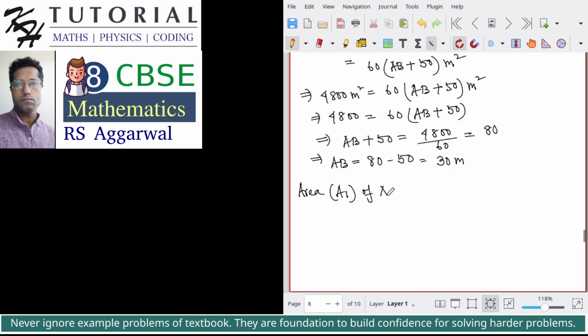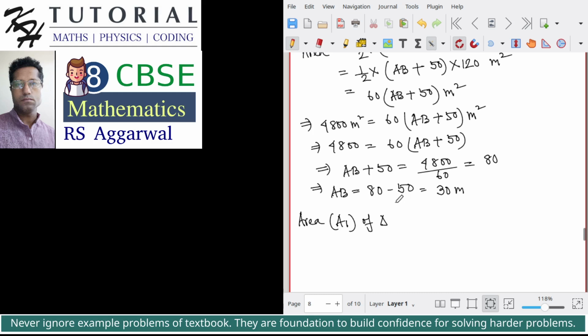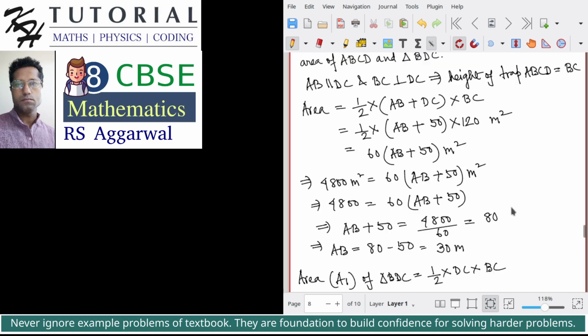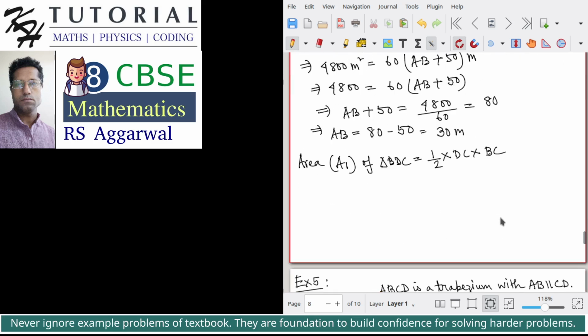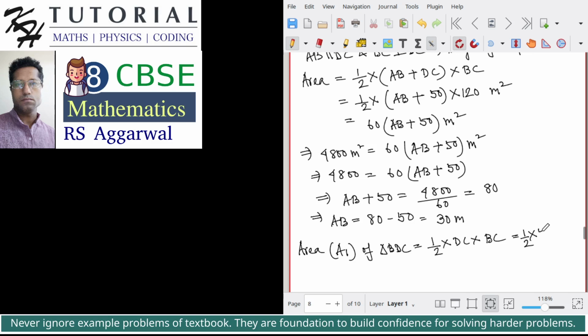Area of triangle BDC is equal to half multiplied by DC multiplied by BC. This is equal to half multiplied by, what is DC? DC was given to be 50. So 50 multiplied by BC is the altitude, which was 120 meter square.